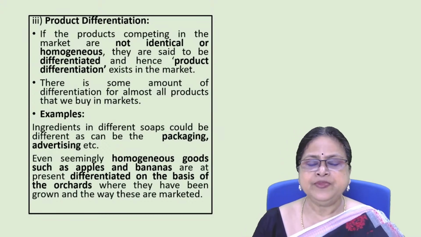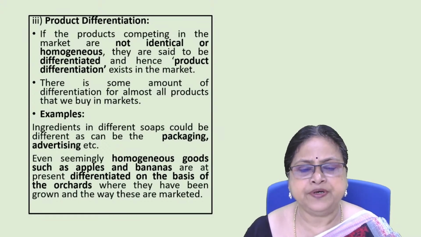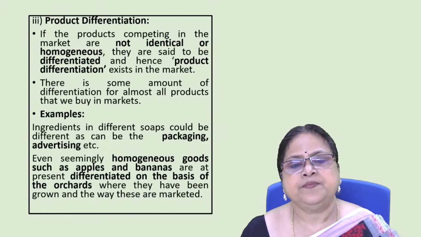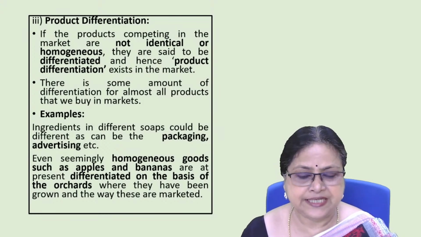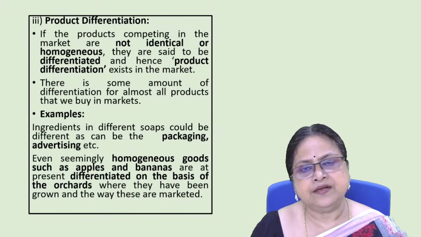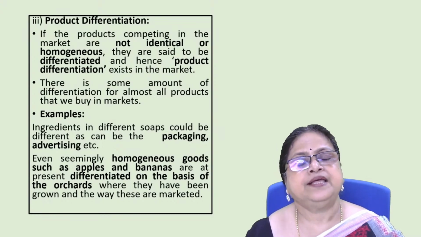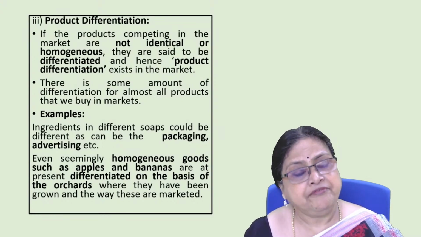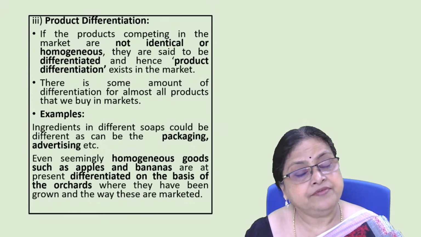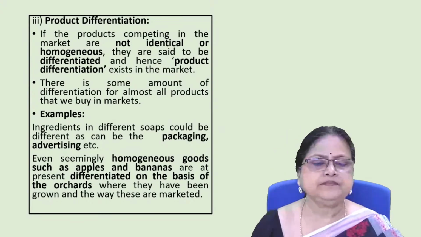So basically these are situations in which the products are deliberately differentiated, or the sellers try to project that their products are different, even superior to other products available in the market. That is the basic idea.